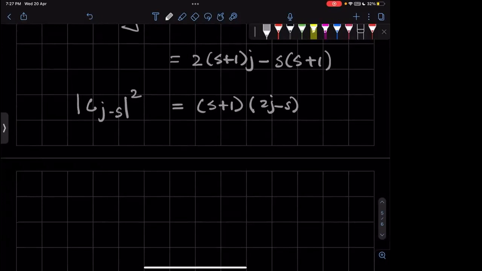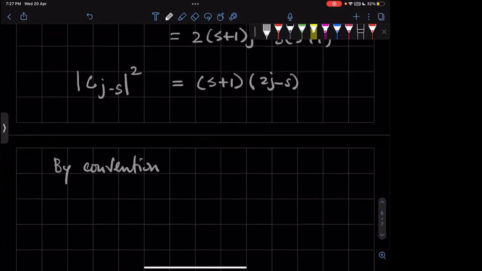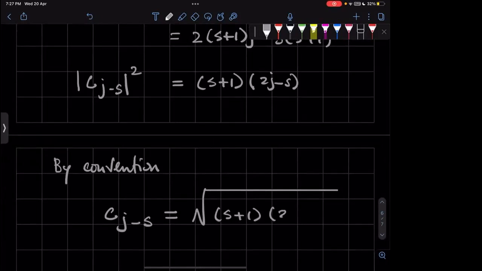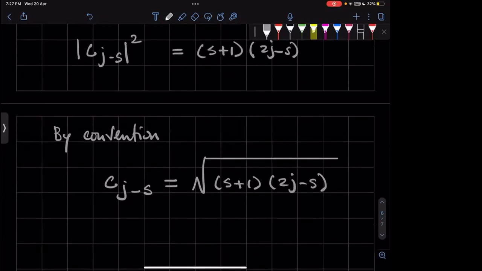So by convention, the phase we choose is just the positive number 1. So this gives us square root of S plus 1 2J minus S, okay? So we just choose the phase arbitrarily. By convention, we choose it to be plus 1. So this is the value of one of those constants.